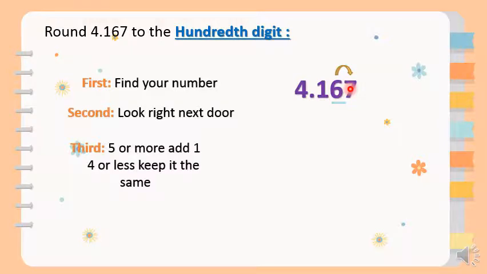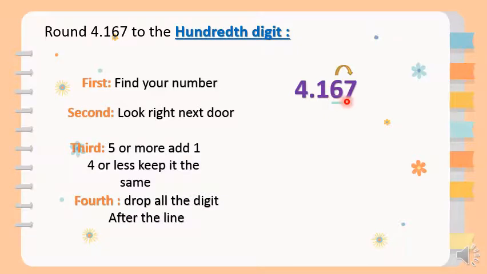We said that if it's 5 or more, 5 or 6 or 7 or 8 or 9, we add plus 1 to the underlined digit. Then we ignore the digits to the right. We cut the number after the underlined digit. So here we add plus 1. So it will be 4.17.